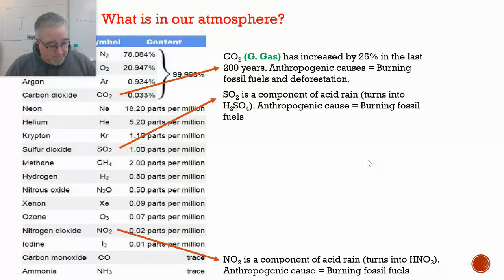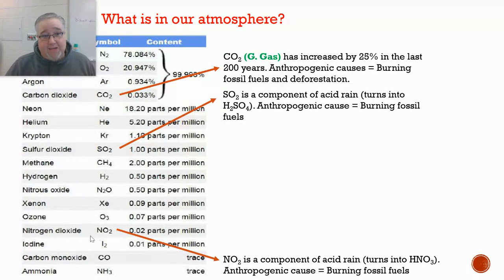These two I like to talk about together. SO2, which is called sulfur dioxide, and again, you all took chemistry class, so when you see a formula like this, I expect you to know the name of it. If you see the name, I expect you to write the formula. Sulfur dioxide is SO2.